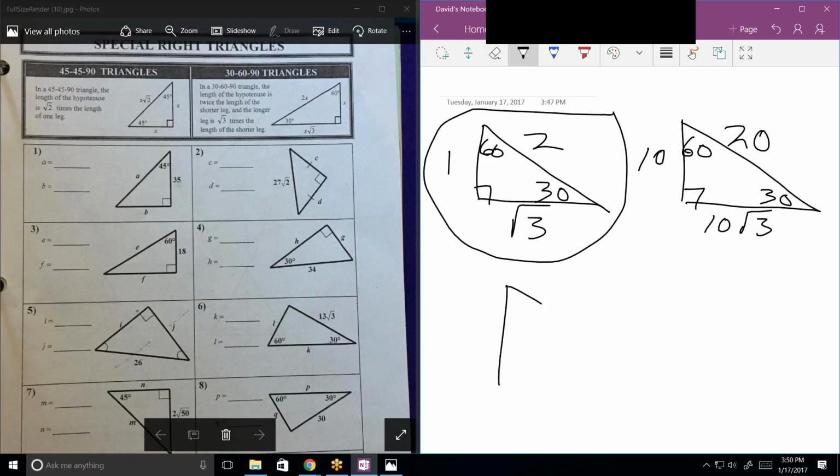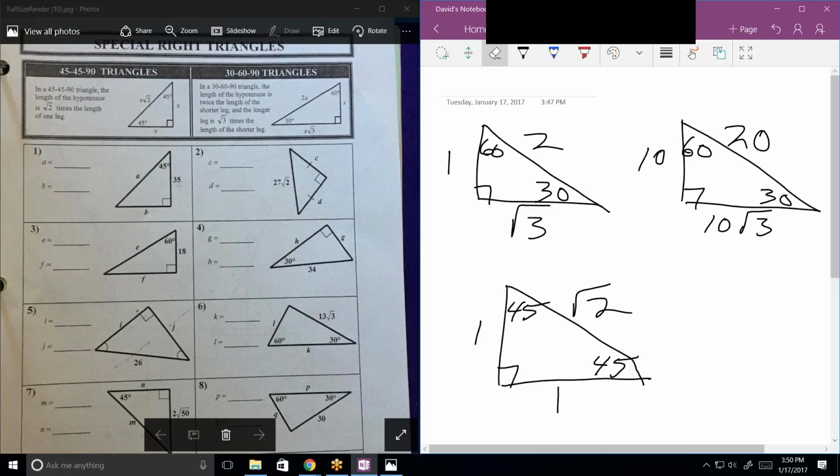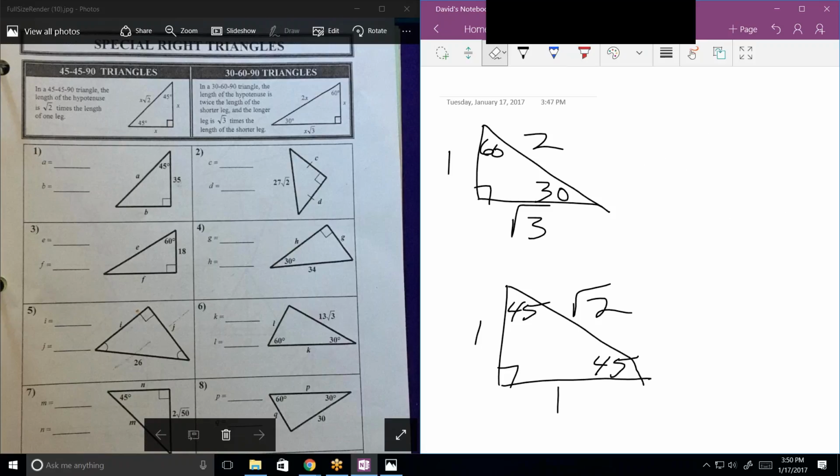And likewise, the other triangle that's super important is the 45-45-90. In my unit triangle, those are the dimensions. So what you want to memorize, and again, I cannot stress this highly enough, are these two triangles.